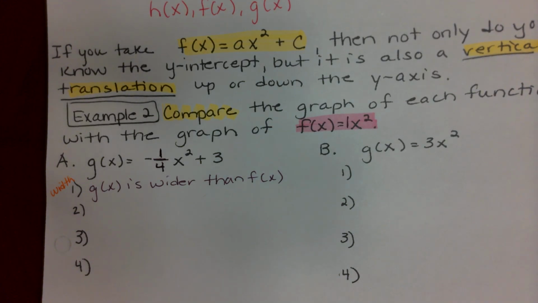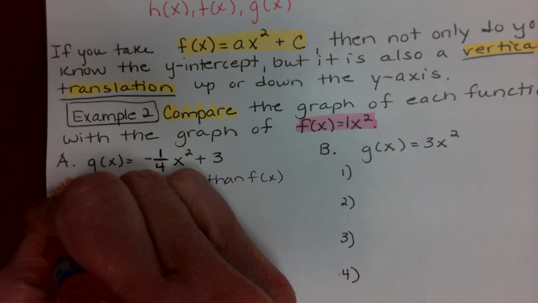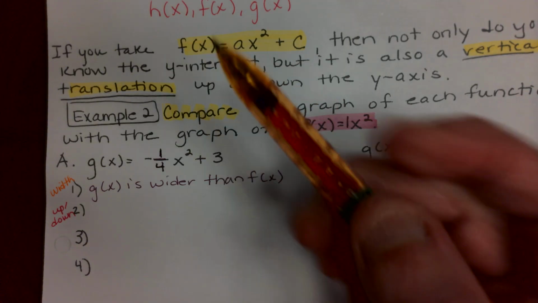The next thing you're going to want to look at is up or down. So write these next to it. So when you're home tonight, you're seeing your little notes here to help you remember what you should put in these. Up or down. So we're talking about, do both graphs open up? Does one open up, one open down? Do they both open down? So we're trying to determine which is going on there with that.